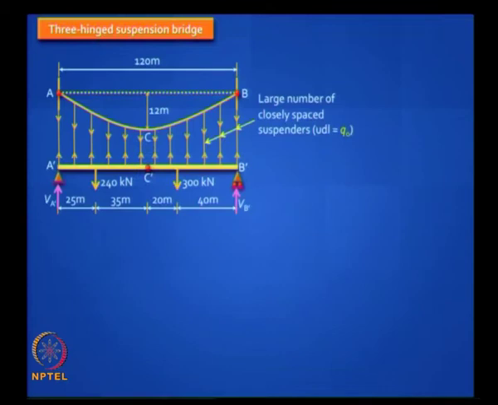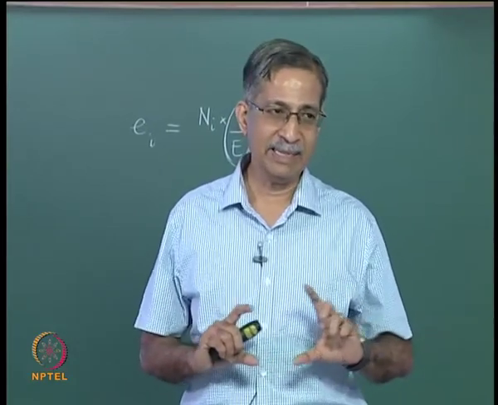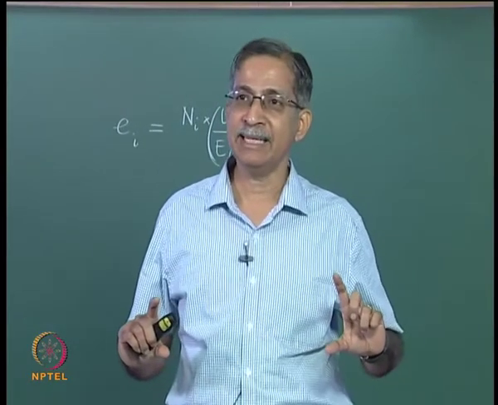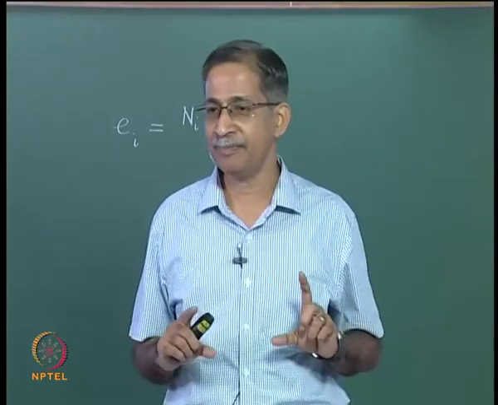So here is an example of a cable suspended bridge. The girder that you saw in the previous slide at the bottom is called the stiffening girder. It has to be fairly deep and rigid, because the idea is it should not allow the cable on top to change its shape.